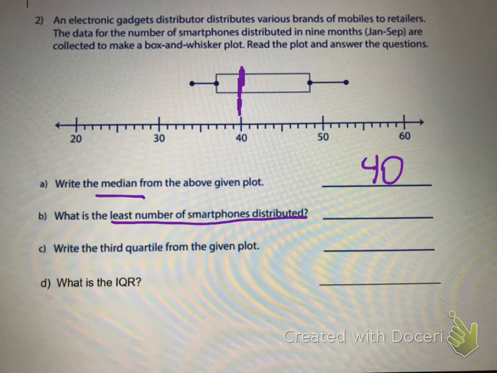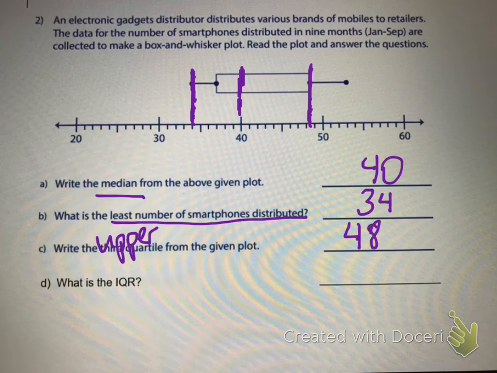We want our minimum, which is right here, and that is 34. What is the third quartile, or the upper quartile, from the given plot? That's this spot right here, which is about halfway between 48 and 49. So we're going to say that's 48 and a half, 48.5.